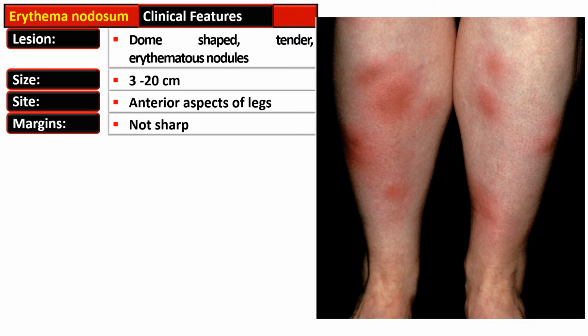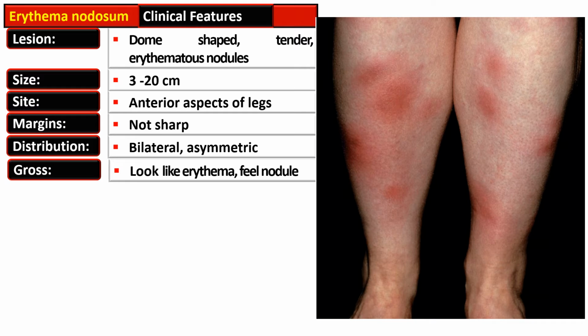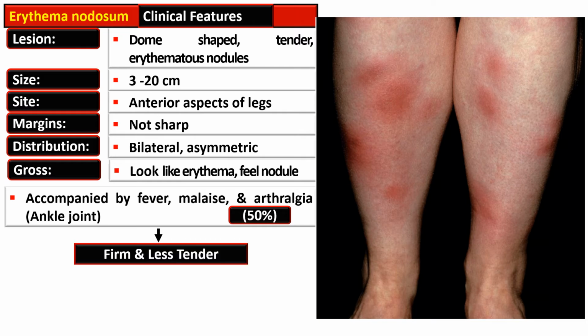The margins are not sharp, and the distribution is bilateral and asymmetric. Grossly, they look like erythema, but on palpation, they feel like a nodule. These lesions are accompanied by fever, malaise, and arthralgia, especially of the ankle joint, in 50% of the cases.